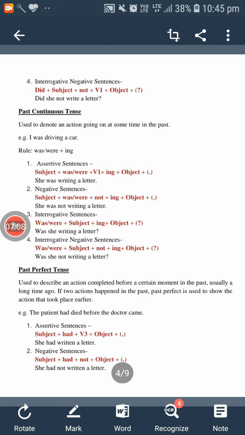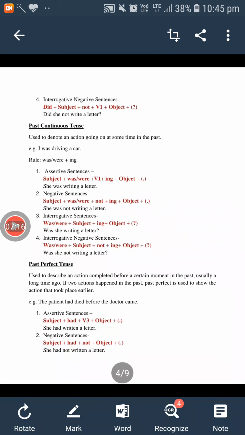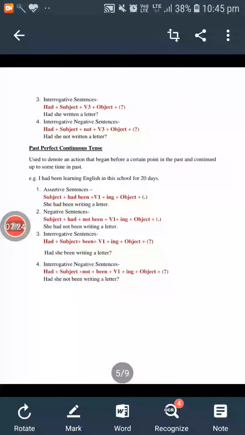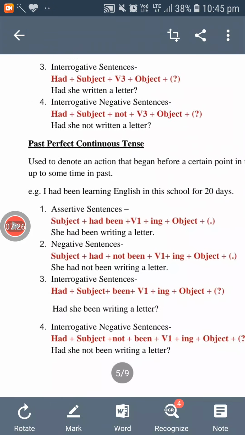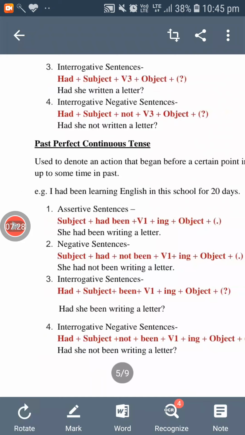So here we use subject plus had plus V3 form of the verb plus object. While making a negative sentence, we use had plus not with subject and object. Then the interrogative sentence: had plus subject plus V3 plus object. So the third form of the verb is used in past perfect tense.